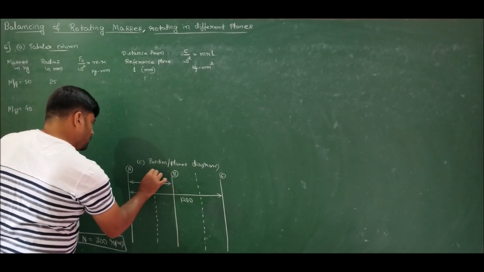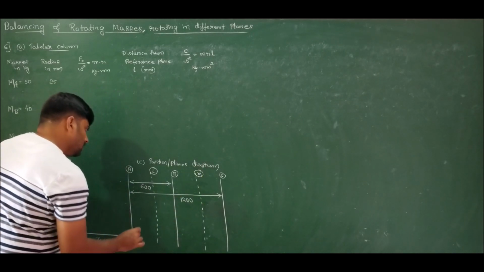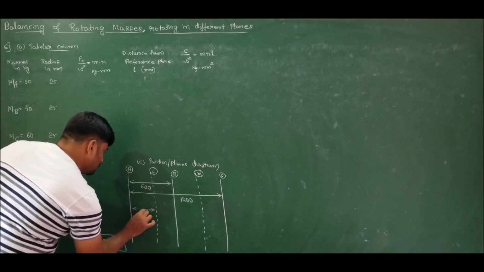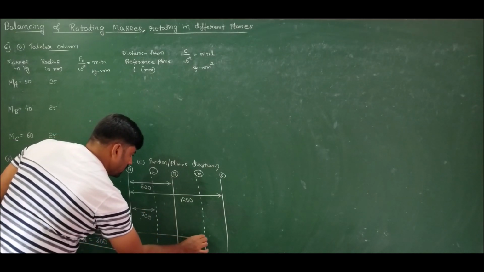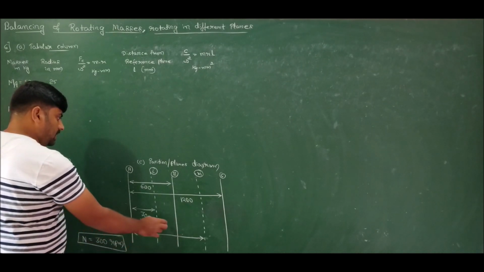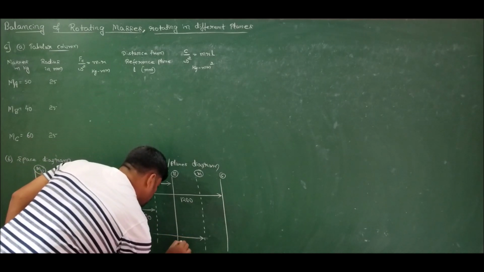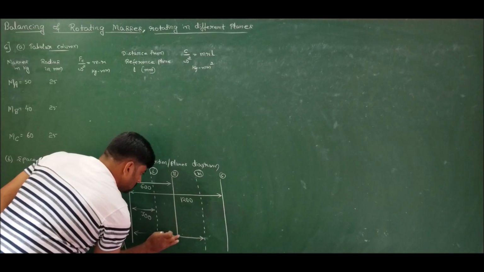So this is plane L, this is plane M. Since L is midway between A and B, it is at 300, and since M is midway between plane B and C, it is 600 plus 300, that is 900 mm.